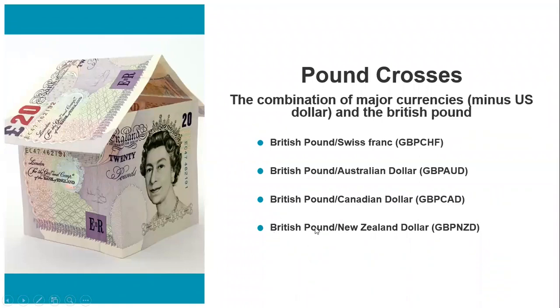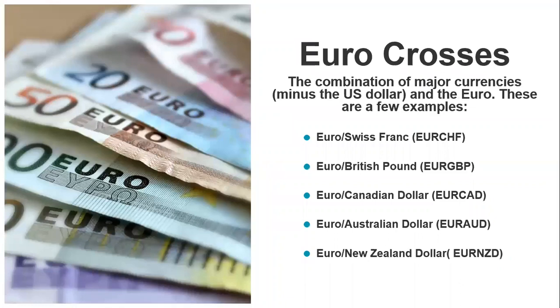Then you have the British pound, New Zealand dollar. In this subgroup, you have the British pound in first place before the other currency. So there you are. Then we move on to the next, the euro crosses.